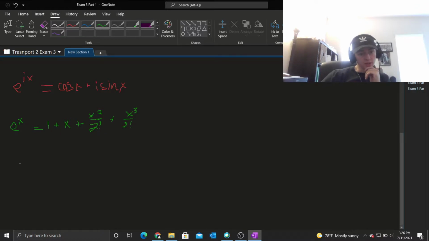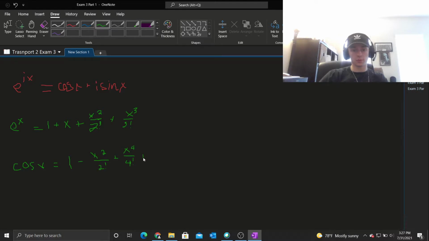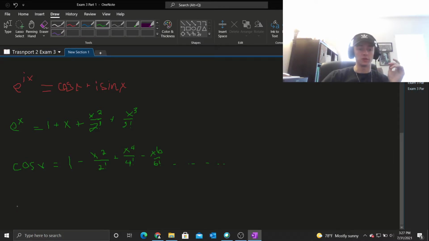For cosine of x, the Taylor series expansion is 1 minus x squared over 2 factorial plus x to the 4th over 4 factorial minus x to the 6th over 6 factorial, and this continues on for however many terms you need. Cosine and sine alternate.